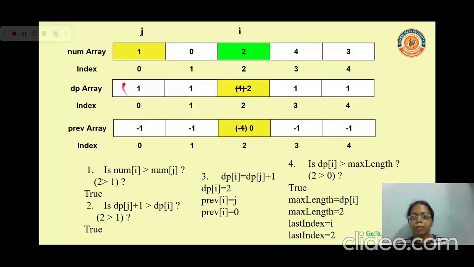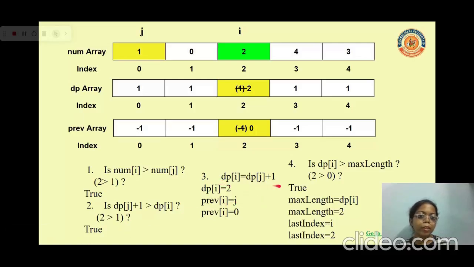So I will check this 1 plus another one for this ith position. Is it greater than this previous value, which is 1? We were assuming that at each position there is only one element present as a valid subsequence. So 2 greater than 1, this condition is true.